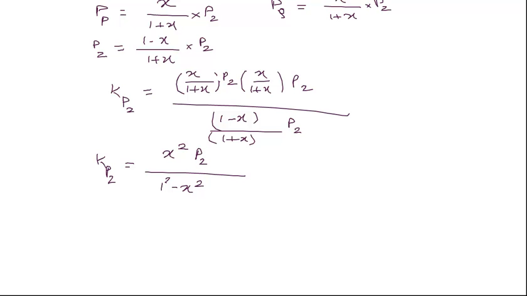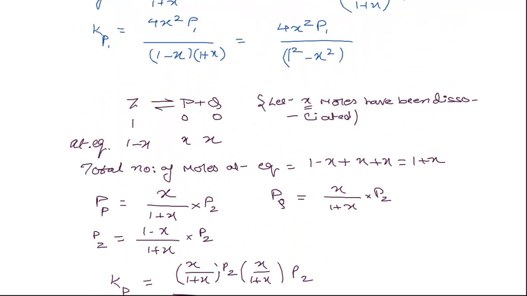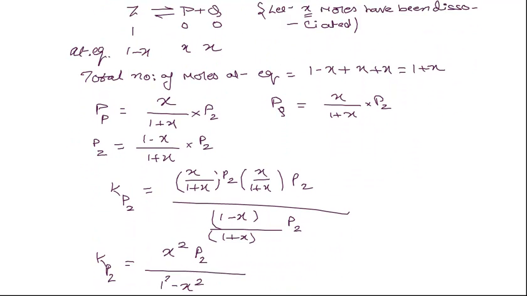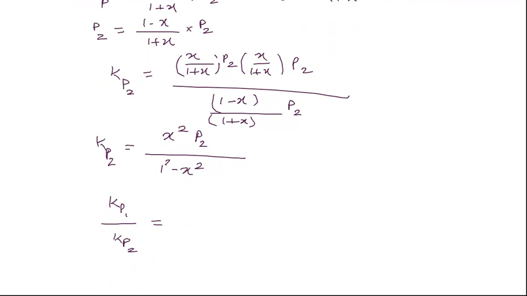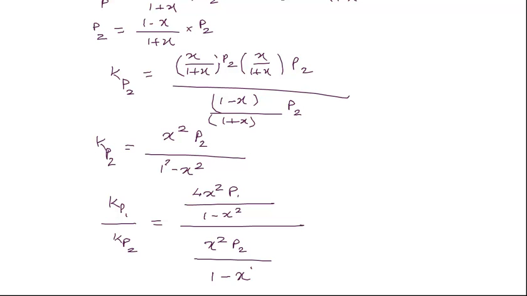Now let's write down Kp1 by Kp2. We have found Kp1 as 4x square P1 by 1 minus x square, and Kp2 is x square P2 by 1 minus x square.